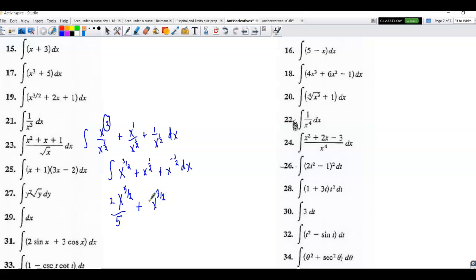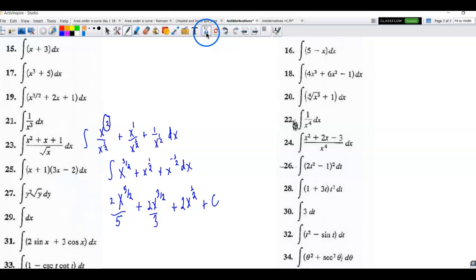Divide by 3/2 is to multiply by 2/3. And for the last term, when we increase negative 1/2 by 2/2, we get x to the 1/2. Divided by 1/2 is to multiply by 2. And then there's plus c, the constant of integration. So the rewrite, you really can't do any calculus whatsoever unless you do the complete and thorough rewrites on that.